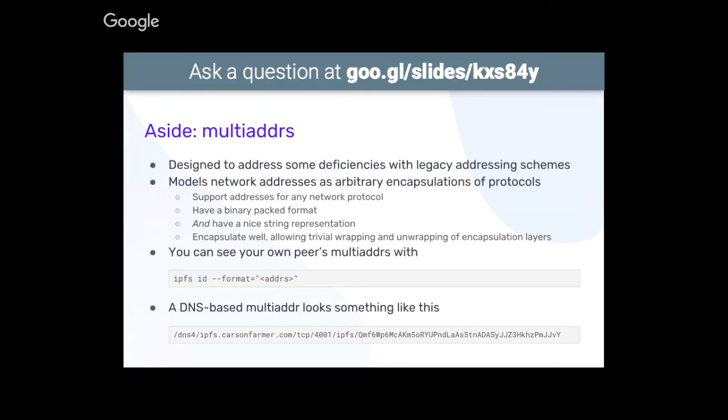Essentially, it converts an address into what looks a lot like a file path. And it's useful because then we can support addresses for any networking protocol that might crop up throughout the IPFS system. So it doesn't matter where your device is located or how it can be found, we should be able to represent how to find it. It also works with the whole interplanetary file system in terms of looking like Unix file system paths.